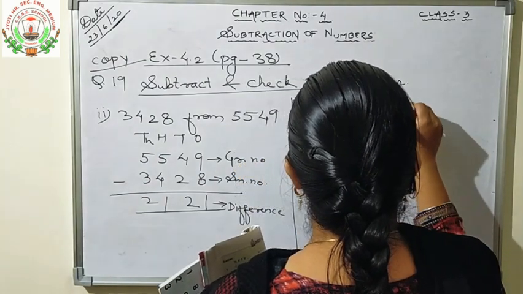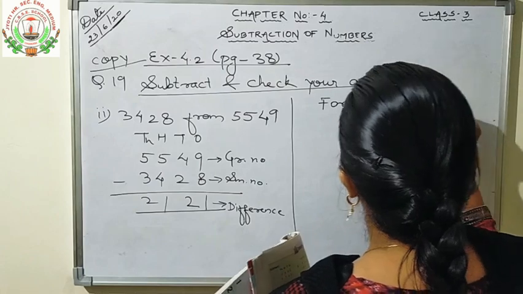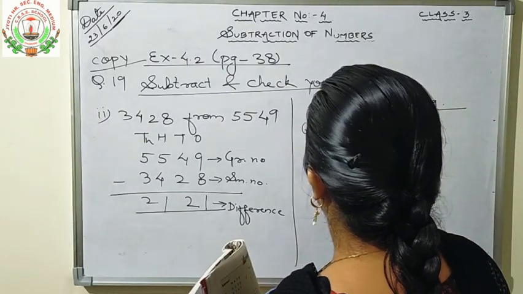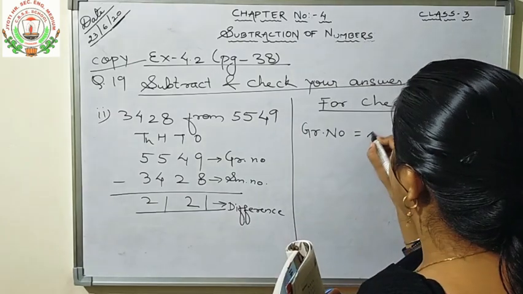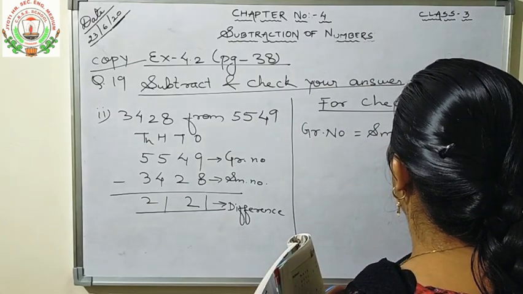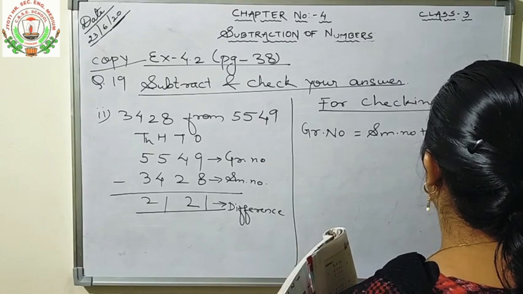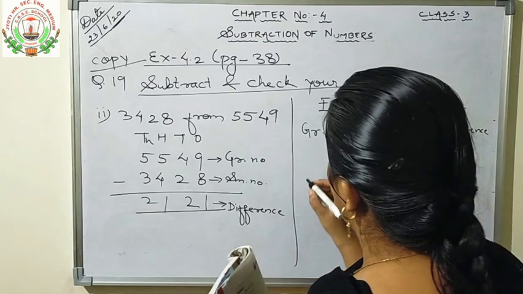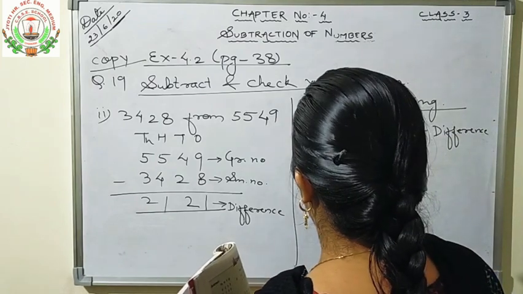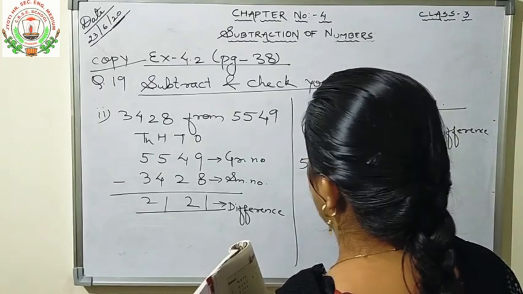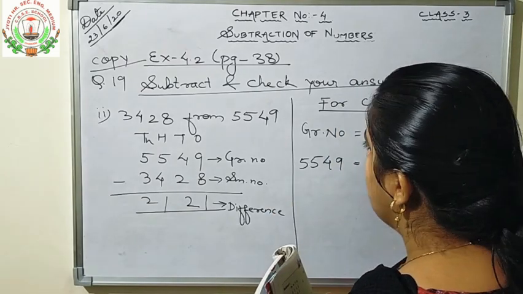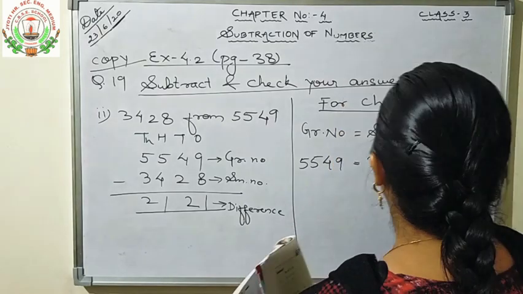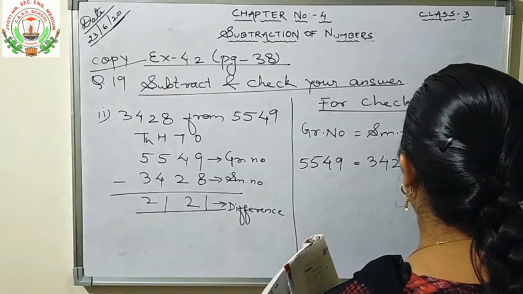Now for checking we will write here, or in your copy you will write below. For checking, greater number is equals to smaller number plus difference. What is the greater number? Greater number is 5549 is equals to smaller number is 3428 plus difference is 2121.